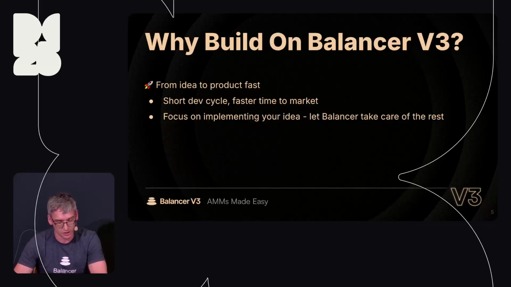So why should you guys build on Balancer v3? The main reason is actually because you can take your idea to a product super fast. A shorter development cycle means faster time to market for you. And you can just focus on implementing your actual idea. You can build on top of all the Balancer audited code relating to token balances, accounting, and you can just take care of your own stuff.